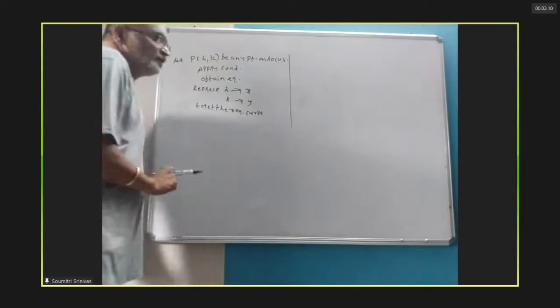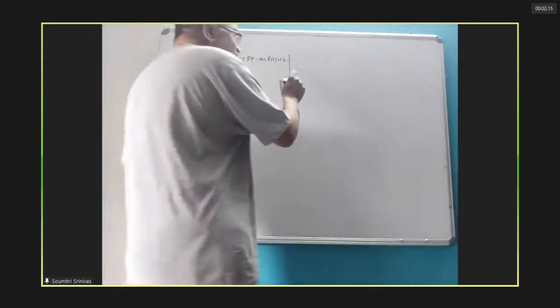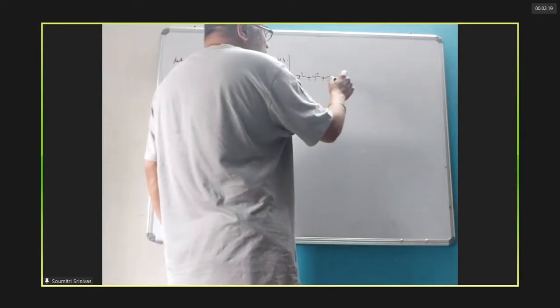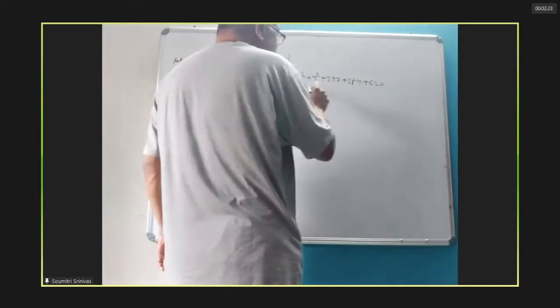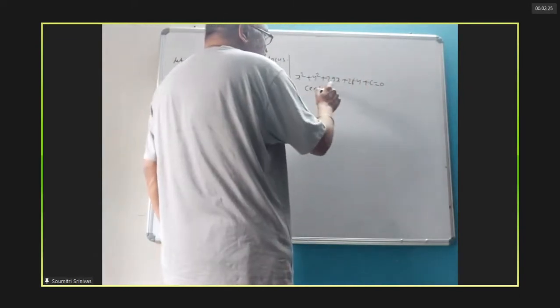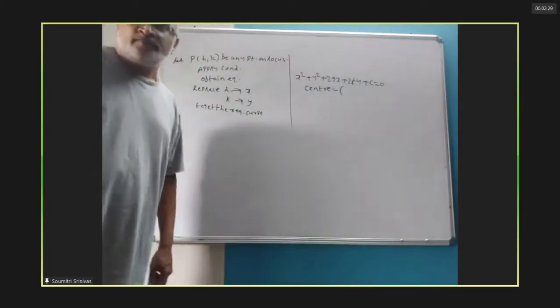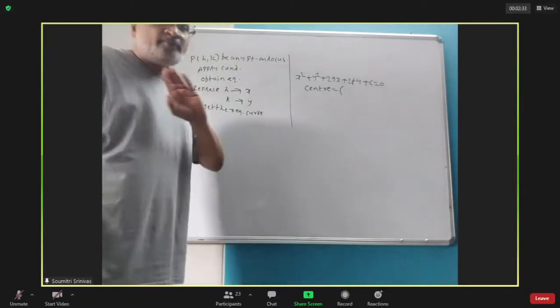And I think, what was the circle equation in standard form? x squared plus y squared plus 2gx plus 2fy plus c is equal to 0. What was the center? Minus of coefficient of x divided by 2.